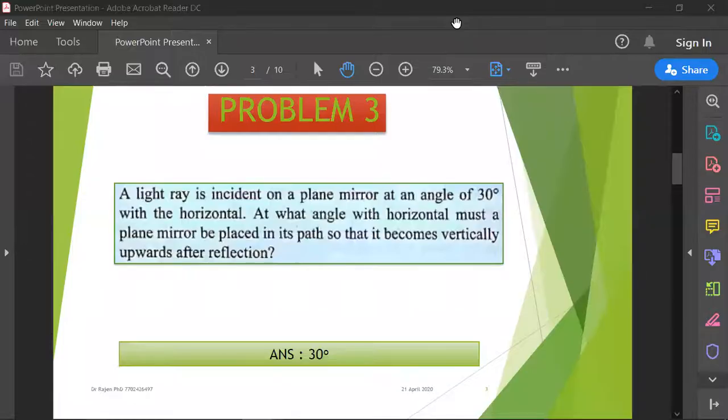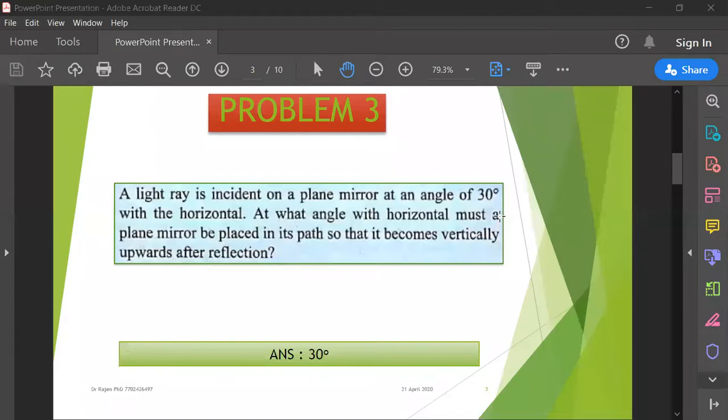Come to problem number 3. A light ray is incident on a plane mirror at an angle of 30 degrees with the horizontal. At what angle with the horizontal must a plane mirror be placed in its path so that it becomes vertically upward after reflection?